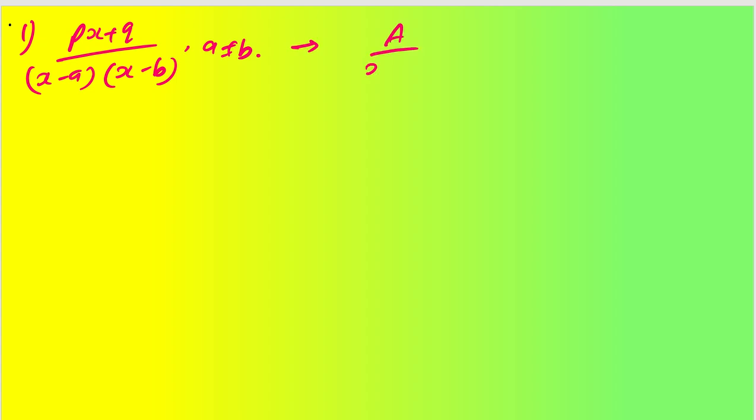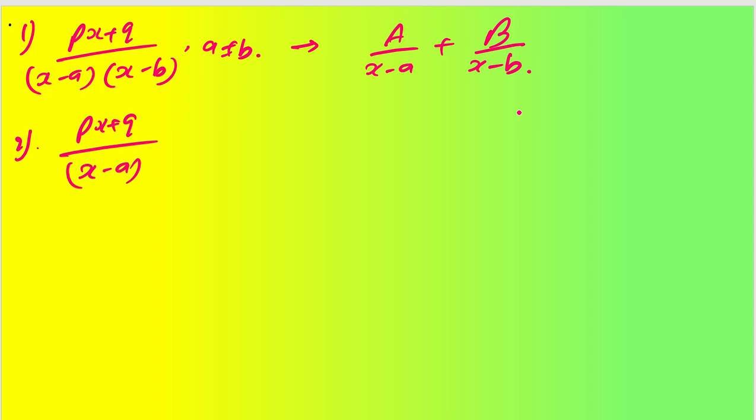Let's say it is of the form px plus q by x minus a into x minus b, and a and b are not equal. Then it can be converted to A by x minus a plus B by x minus b, and you can equate it and find out the values of the constants capital A and capital B. Similar to that, another form can be px plus q divided by x minus a whole square.